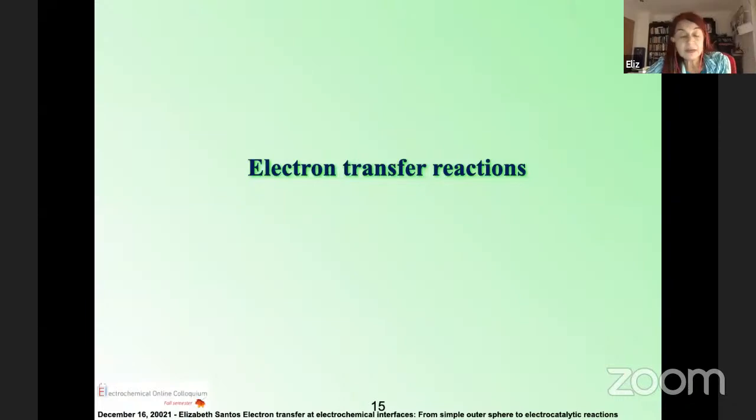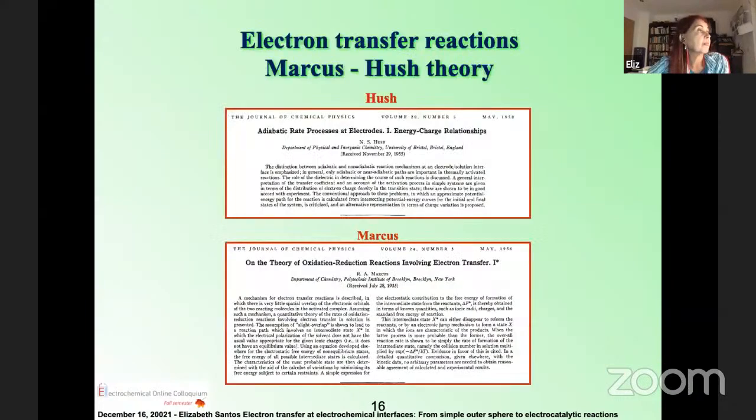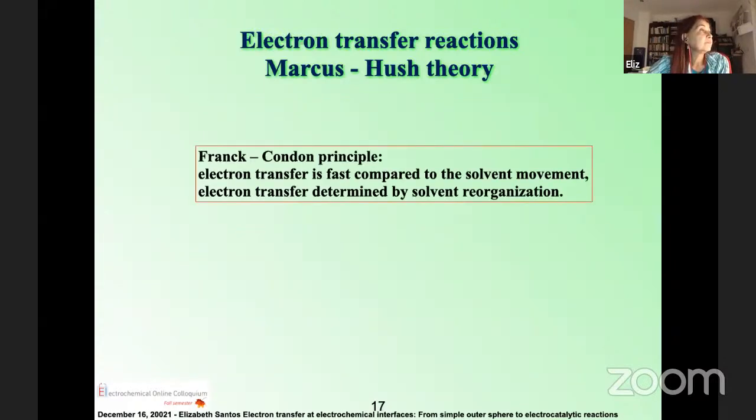Good. Coming back to the electron transfer reactions. The first theories were proposed by Marcus and Hush in the 50s. In this case, the Franck-Condon principle is applied: electron transfer is fast compared to the solvent movement, and therefore the electron transfer is determined by the reorganization of the solvent.